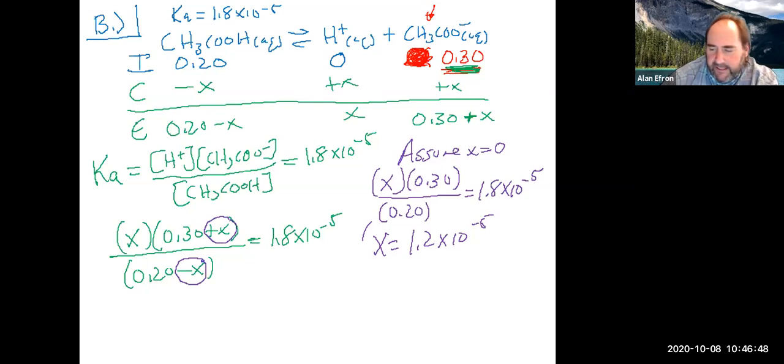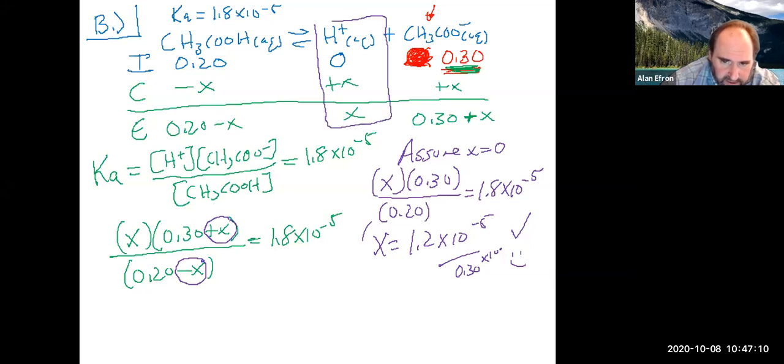Again, we do want to check it. So we'll take that number divided by 0.3, for example, times it by 100, and you get 0.004%. So your check is good here. And again, a reminder, 0.3 times 100 is how we check it. Since that is good, that will give us our H plus concentration. So the concentration of H plus in this case does equal x, which equals 1.2 times 10 to the minus 5 molar.